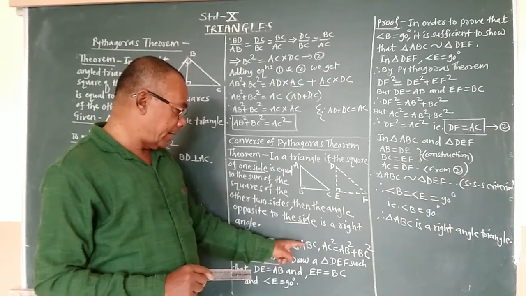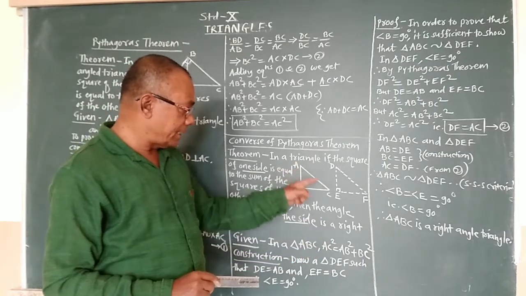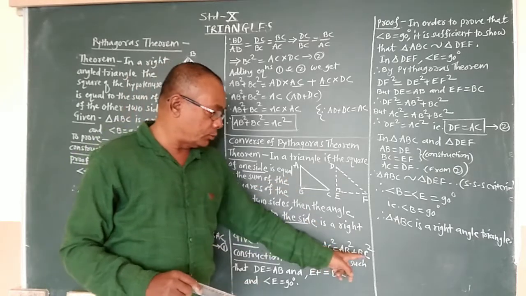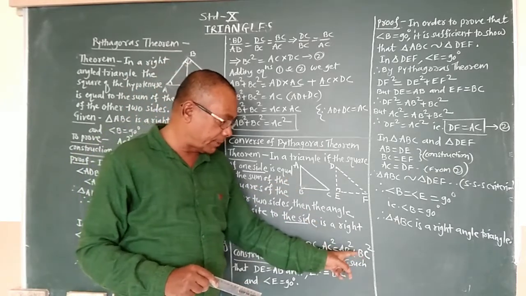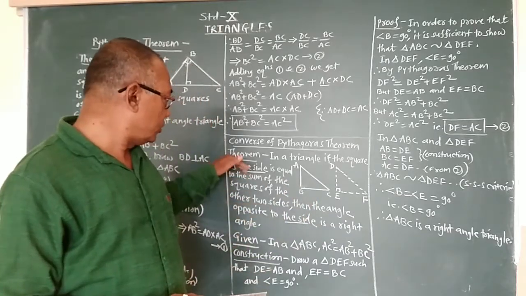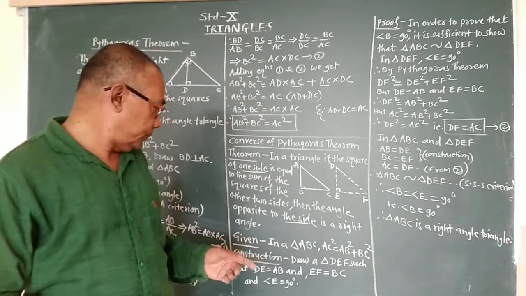In a triangle ABC, it is given that the square of one side, AC square, is equal to the sum of the squares of the other two sides, AB square plus BC square. So according to this statement, we have written the given.